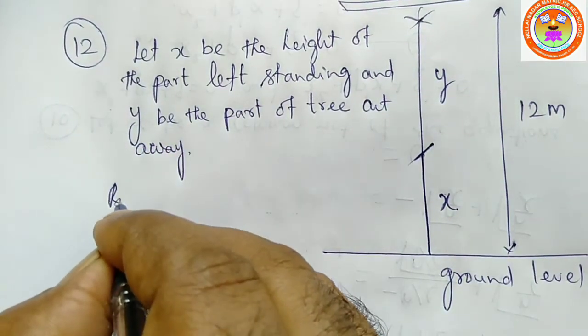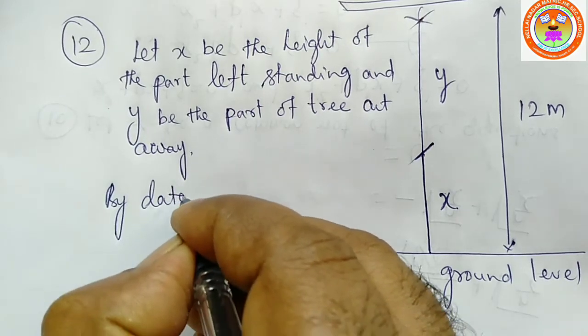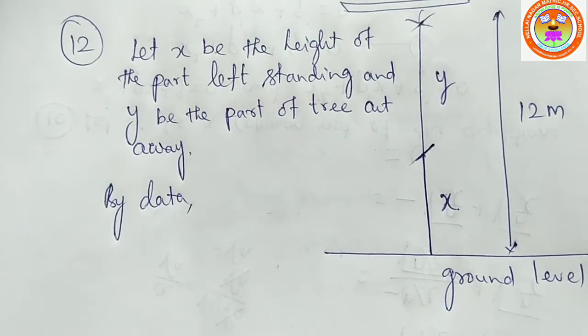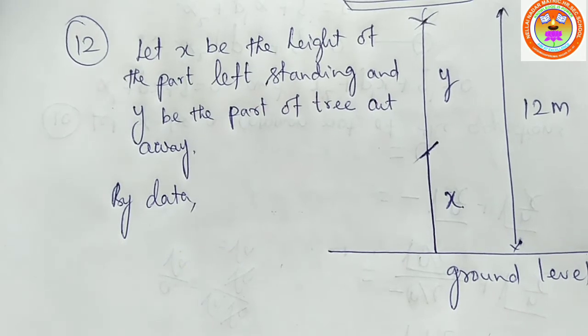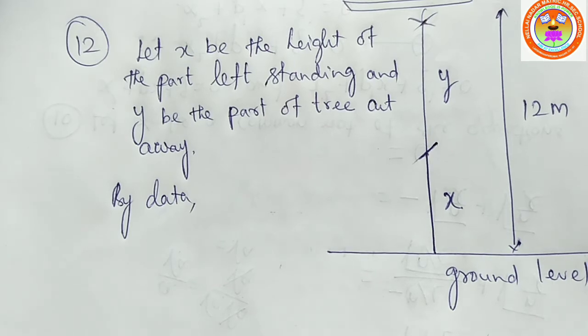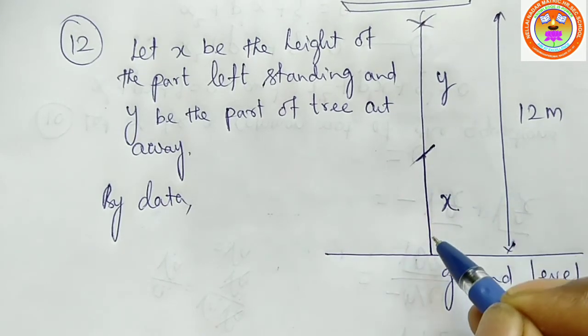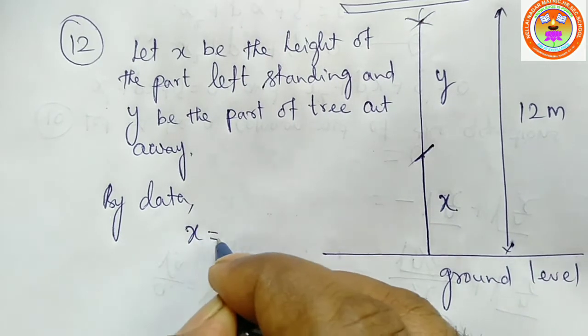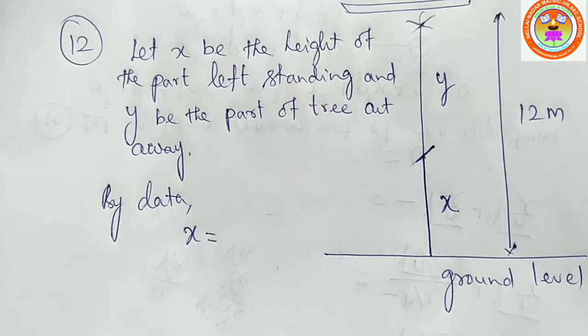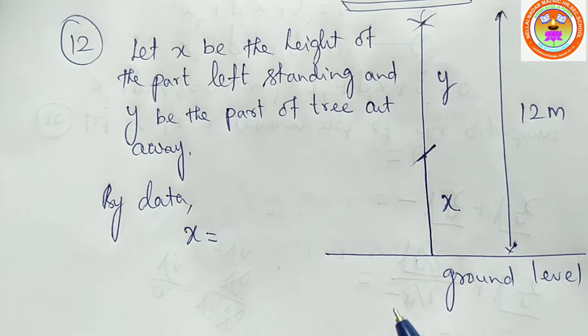So by data, what is given? See the second sentence now. It was found that the height of the part left standing is x, right? So x is equal to the cube root of the length of the part that was cut away.